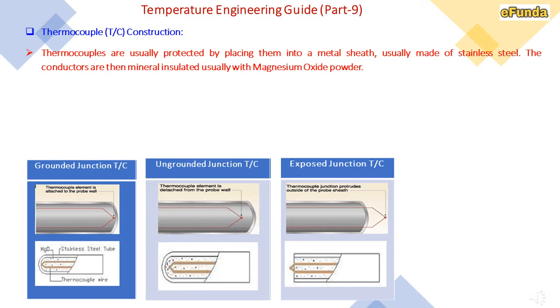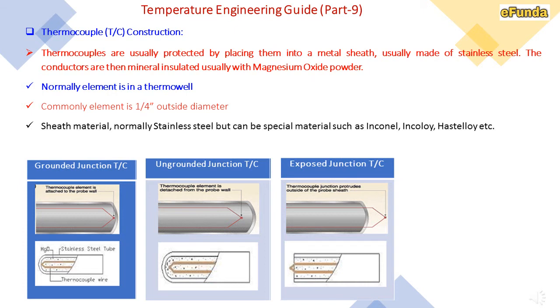This is how the Thermowell is constructed. Normally the element is placed in a Thermowell. Commonly the element is quarter-inch outside diameter, that is OD. Sheath material is normally stainless steel, but can be special material such as Inconel, Incoloy, Hastelloy, etc., depending on the application and client specification.